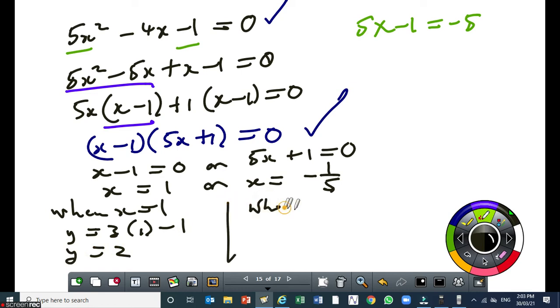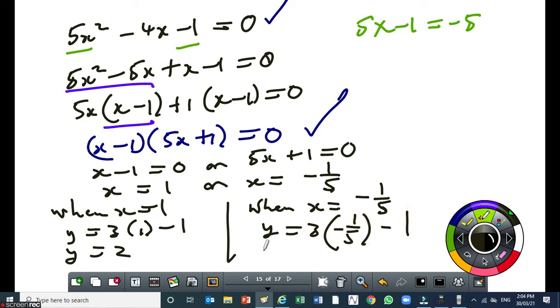Then when x is equal to minus 1 over 5, you get y equal to 3 times minus 1 over 5 minus 1. This will give you y equal to minus 3 over 5 minus 1, and this will give you minus 8 over 5. Okay? And then you can say now I've covered the question.